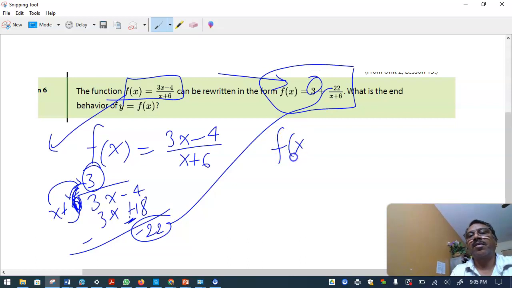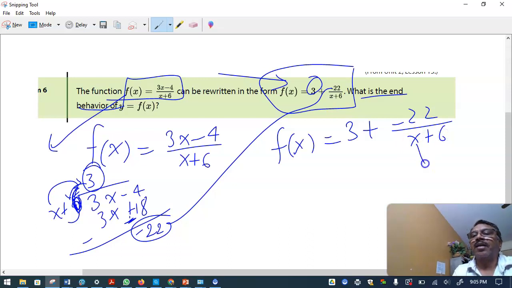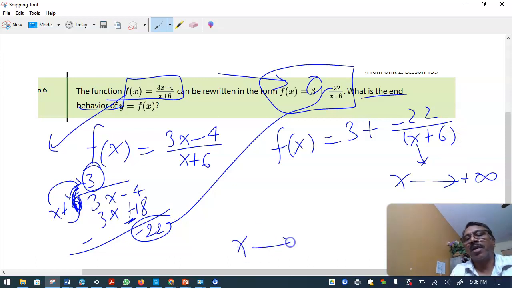Now, when you look at this, the question is asking us what is the end behavior? It means when x becomes very large, let's say this is plus 6. So when x approaches a very large positive value, or maybe x approaches a very large negative value, what do you think will happen?